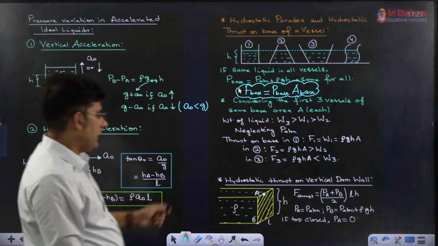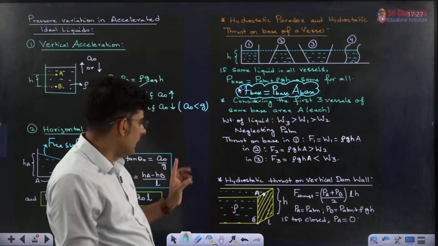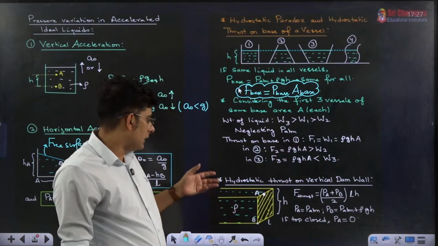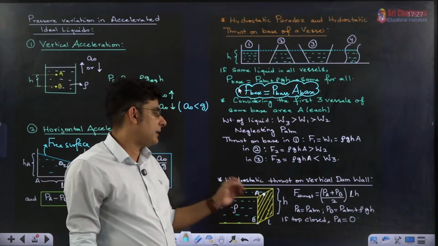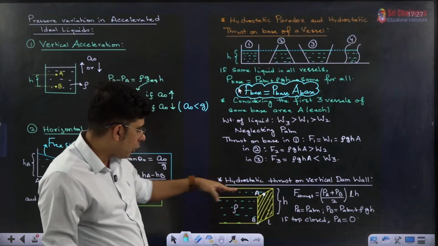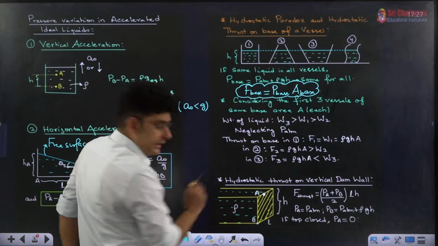Now one more important thing, hydrostatic thrust on a vertical dam wall. I told in the beginning that if pressure varies linearly and you have a flat surface, we can write the thrust force as average pressure into area. So here suppose we have a dam and the top of the dam is open. The pressure at point A will be P atm.